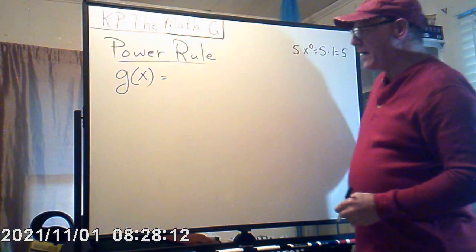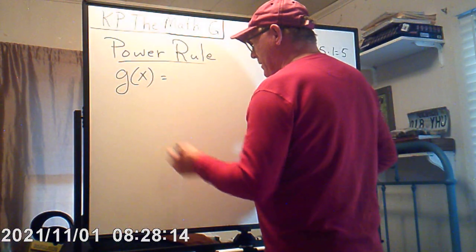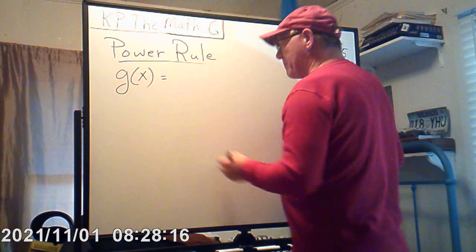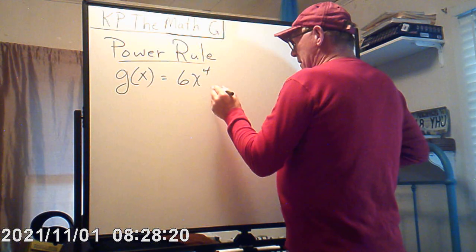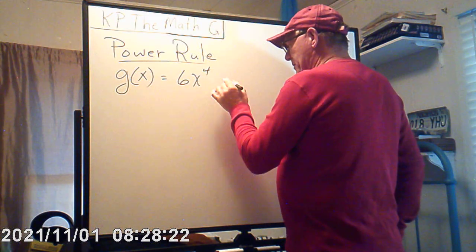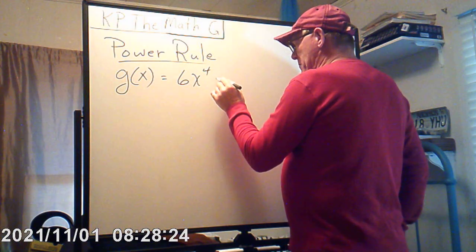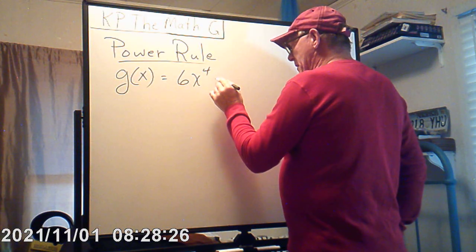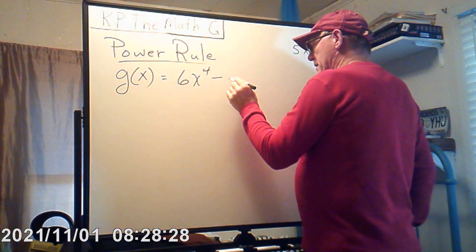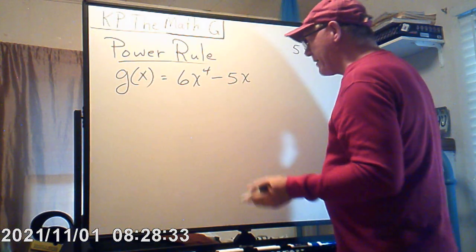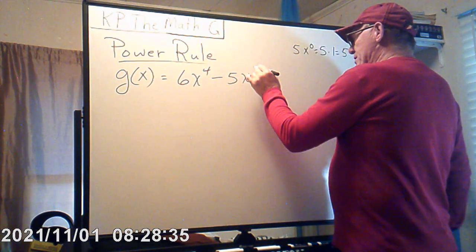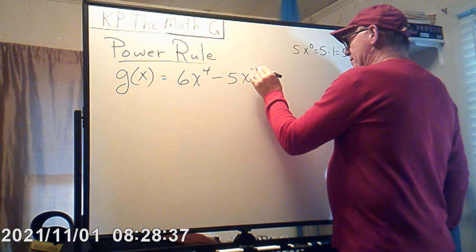Well, what if we had something like this? I'm going to try to make g at x a little simple here. 6x to the 4th. And then let's do a couple more terms here. Let's make this minus 5x, and let's put a negative exponent up here to say the negative 2.